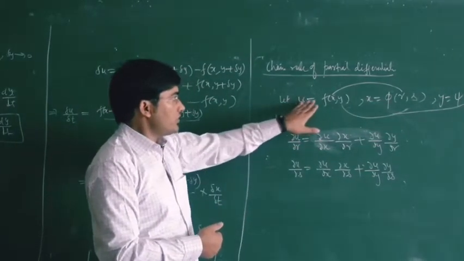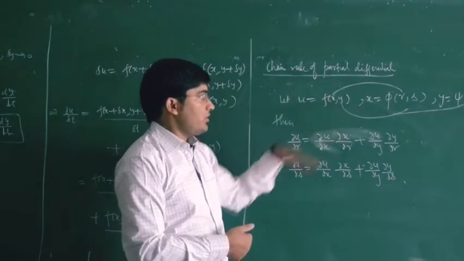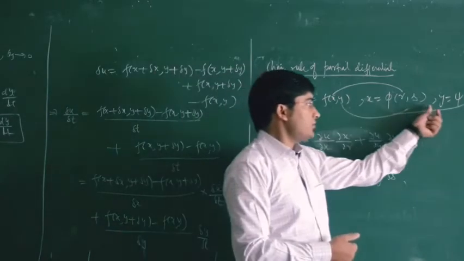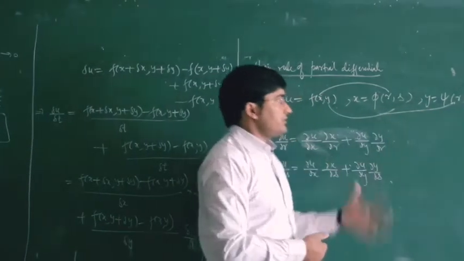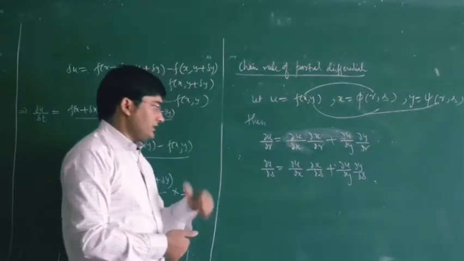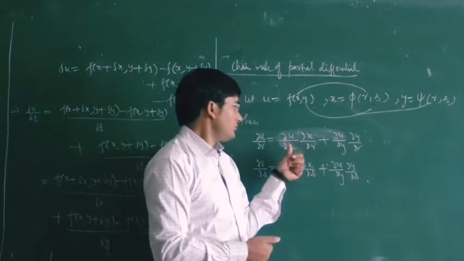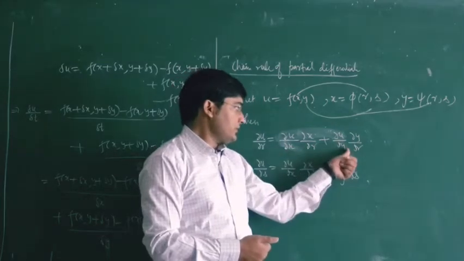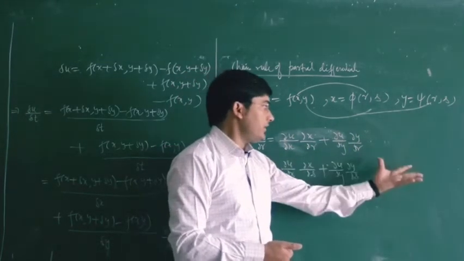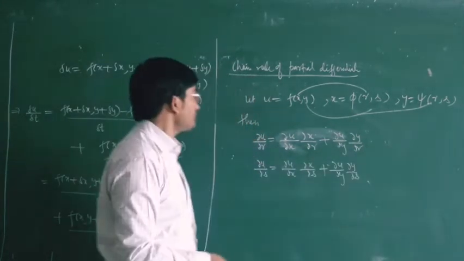If our u is a function of x, y and z, where suppose that x is a function of r and s, y is another function of r and s, and z is another function of r and s, then in that case we will have three terms here: one differentiation with respect to x, then differentiation with respect to y, and then finally differentiation with respect to z.